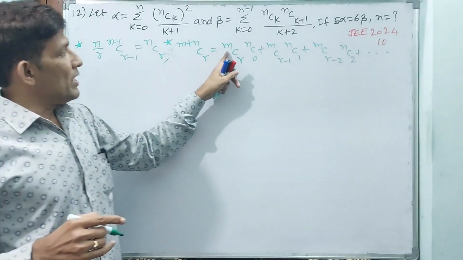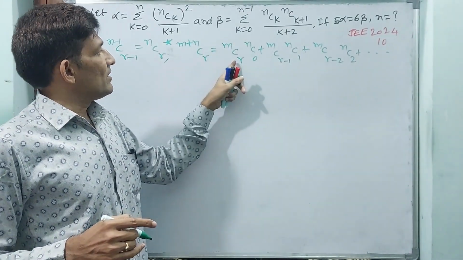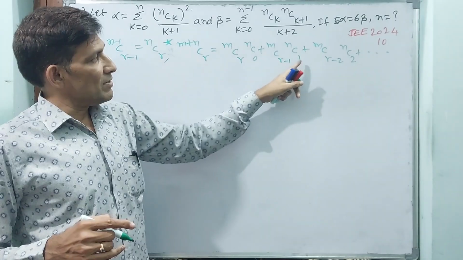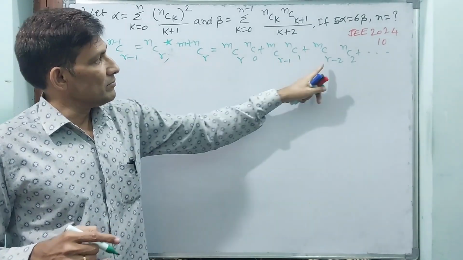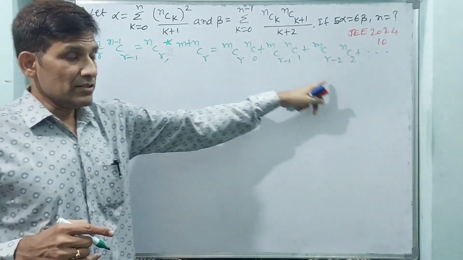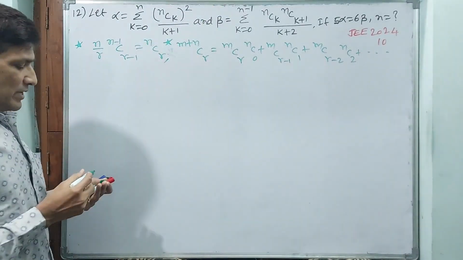Observe carefully here, m plus n you can add, and r plus 0 you can add. r minus 1 plus 1, r only it is going to become. Minus 2 plus 2, m, n. Okay, these two formulae we are going to utilize here.